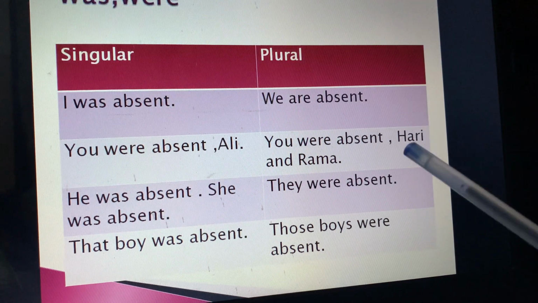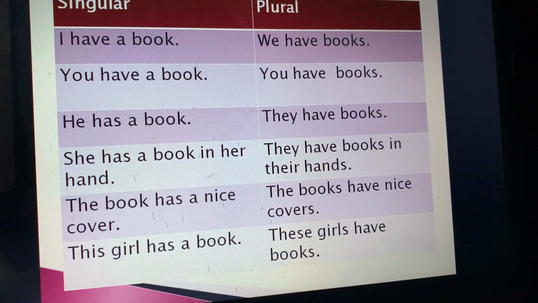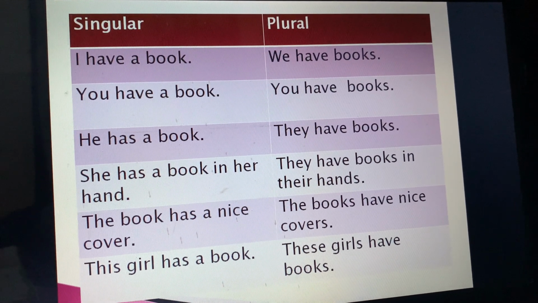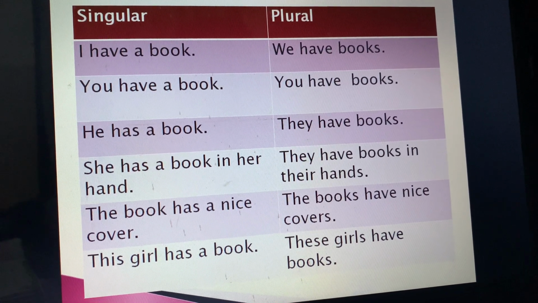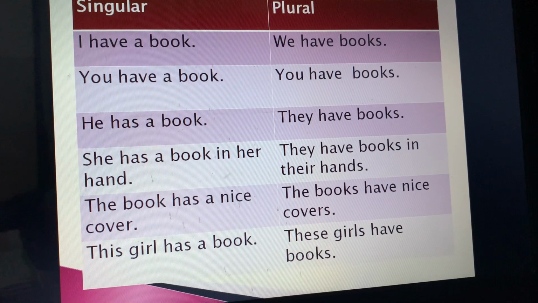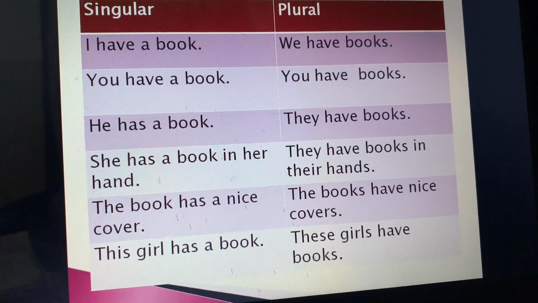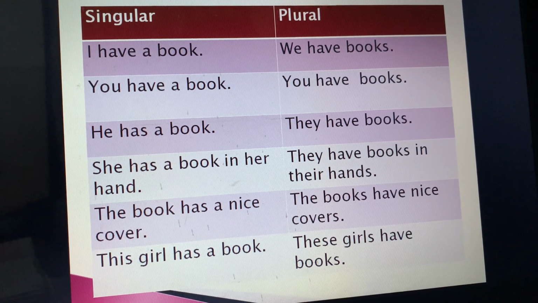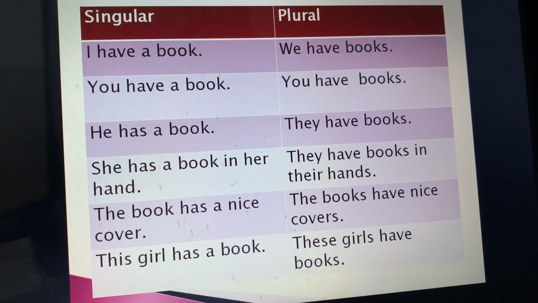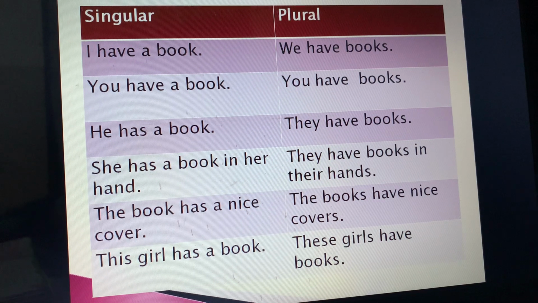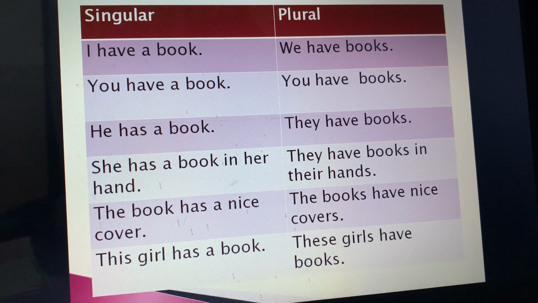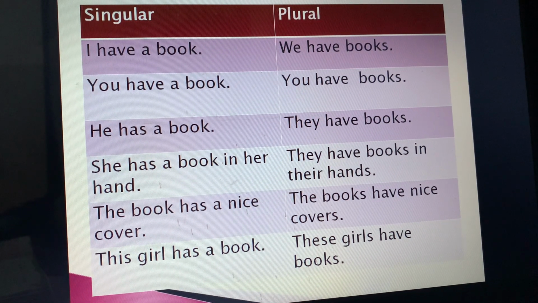Fine. So the next helping verb, if we talk about it, is has, have, had. Again, I'm telling you about has. Has is used with singular noun and singular pronoun, and have is used with I and plural pronoun and plural noun.